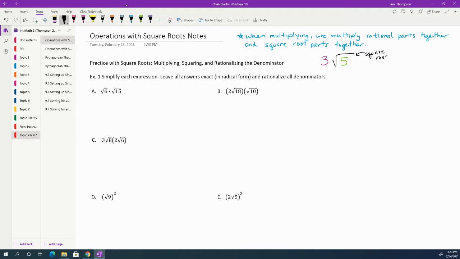Now, sometimes I have roots with a different index, and that might look like this. Like this is a cubed root. We are going to get into this much more in other classes. When it doesn't have a number in this spot, it's automatically assumed to be a 2. Okay, so it's a square root. That's what that symbol means.